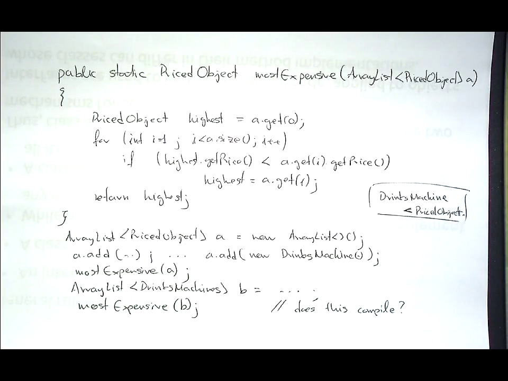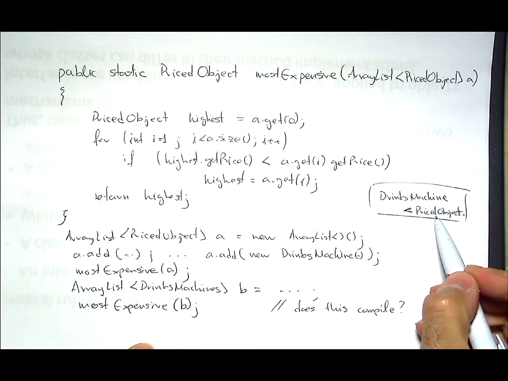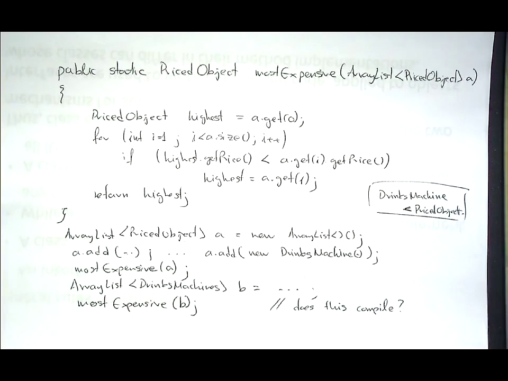But the answer is no. We have to be very careful with subtyping and generic types, and type constructors. The fact that drinks machine is a subtype of priced object doesn't mean that the array list of drinks machines is a subtype of array list of priced object. This is not the case.